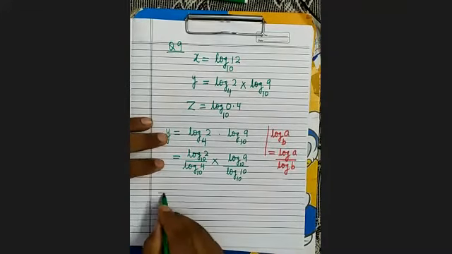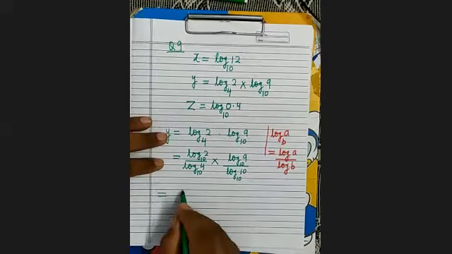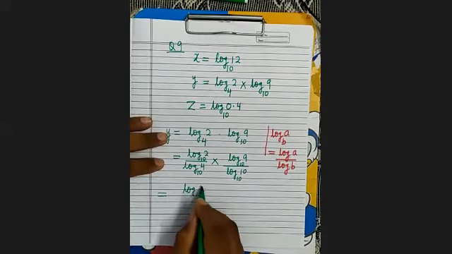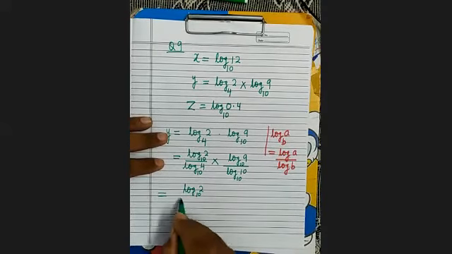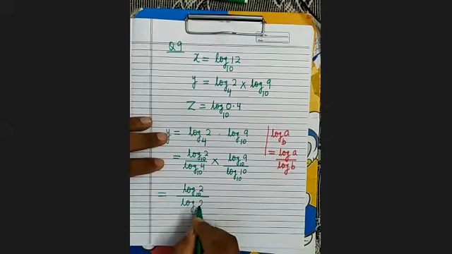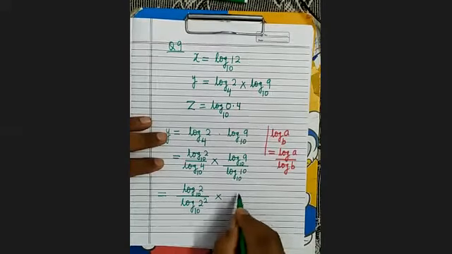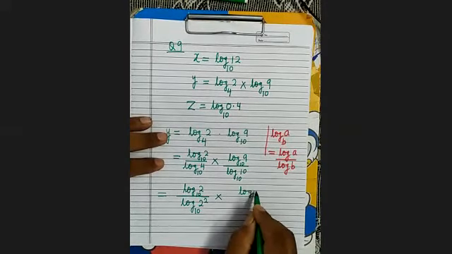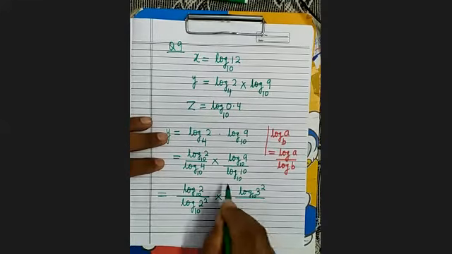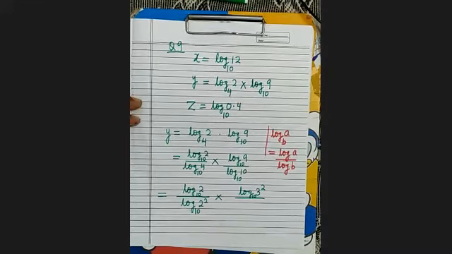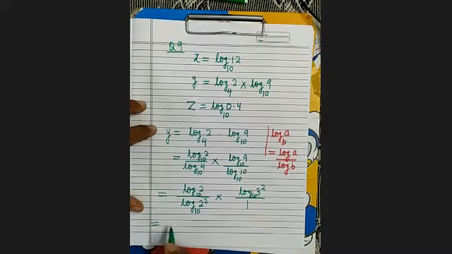Now you can see here, this is log 2 to the base 10 upon, in the denominator, you can write log 2 square to the base 10, into log 3 square to the base 10. And what is log 10 to the base 10? It is 1. Now simplify.